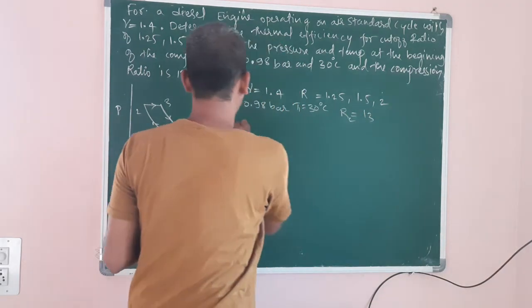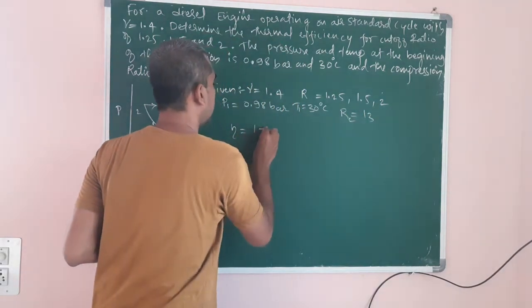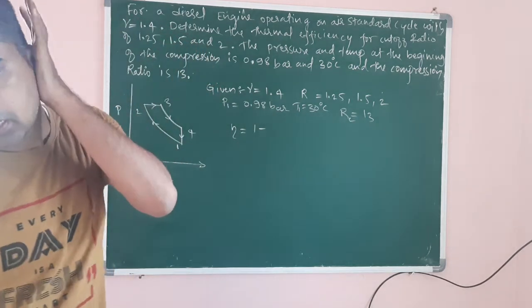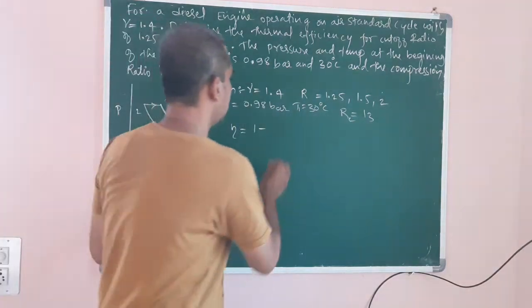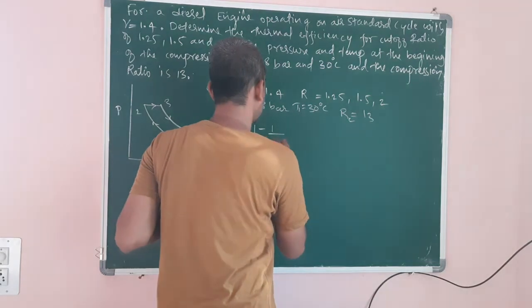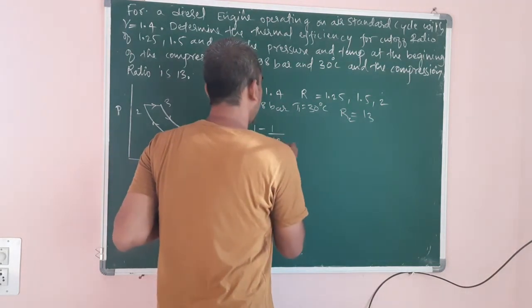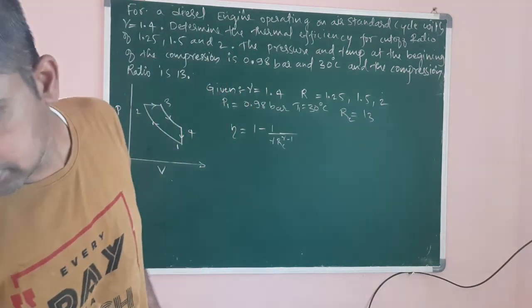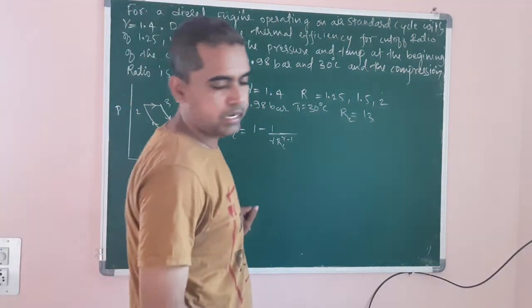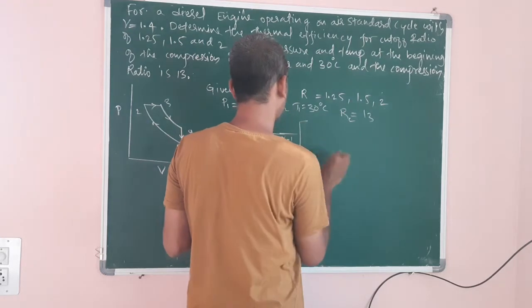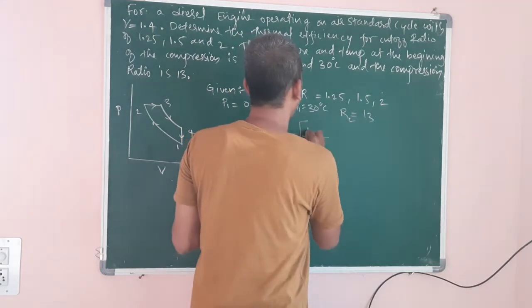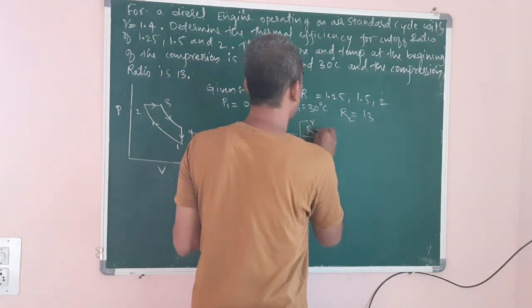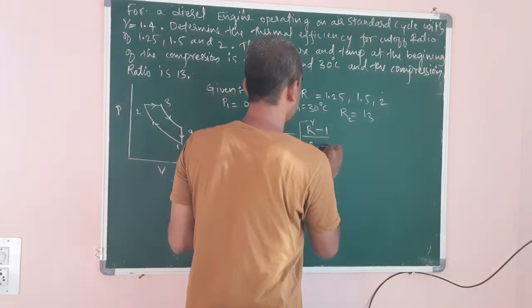We know the efficiency of a diesel cycle is equal to 1 minus 1 divided by r raised to gamma minus 1, into rc raised to gamma minus 1, divided by gamma into rc minus 1.